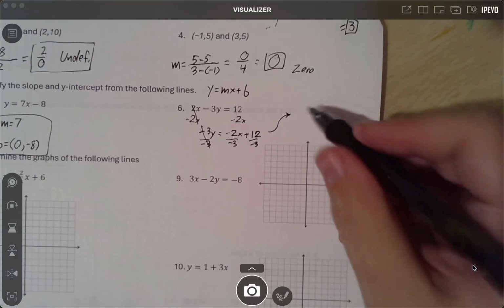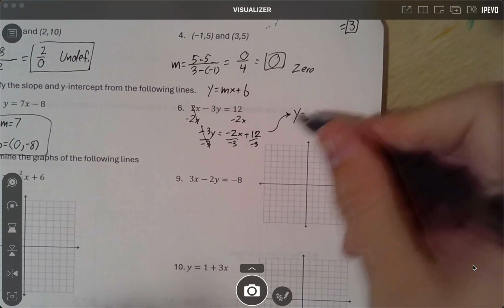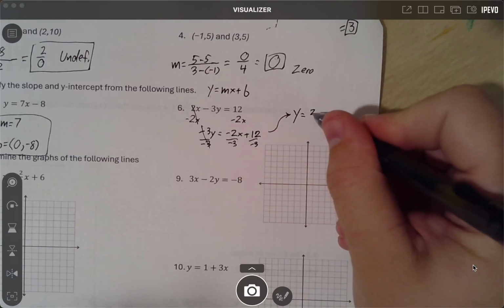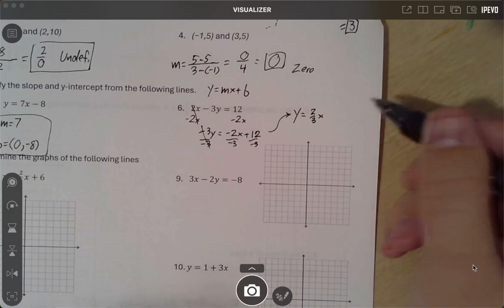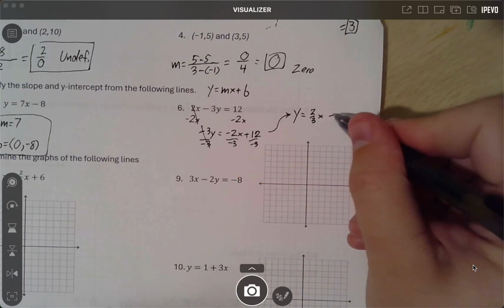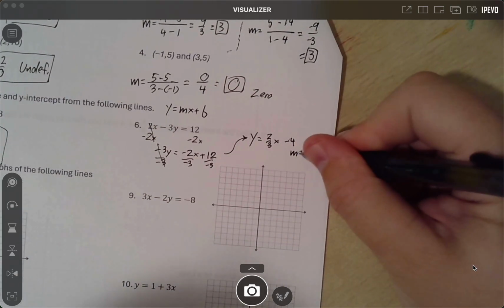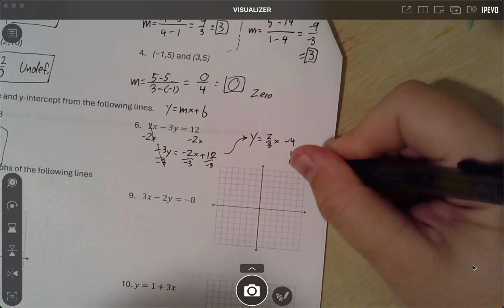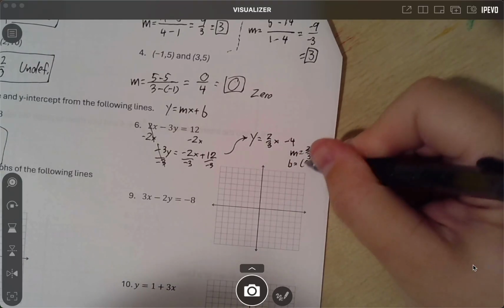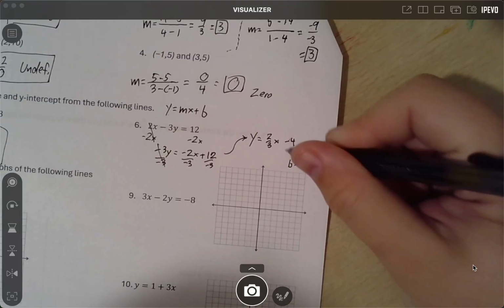Well, over here, it looks like we'll have y by itself on the left. Negative 2 over negative 3 is just 2/3 x. And 12 over negative 3 is negative 4. And so now, finally, I know that m is 2/3, and my y-intercept is 0, negative 4.